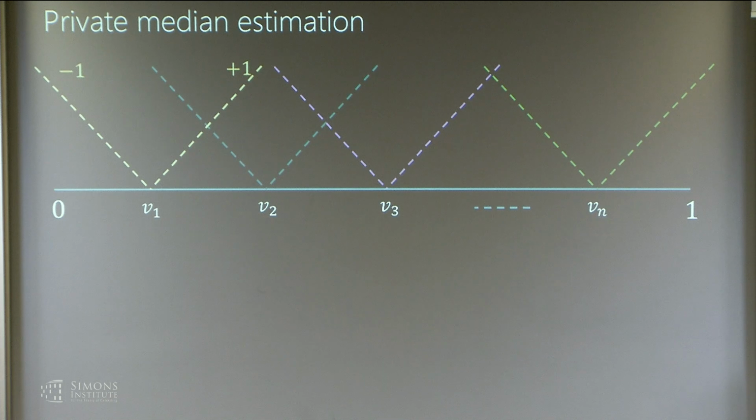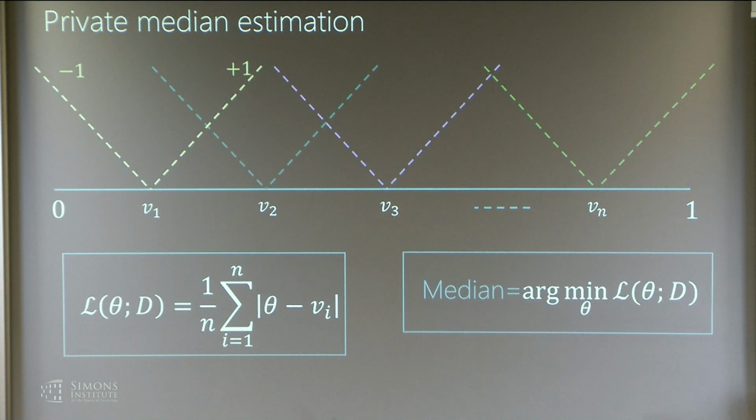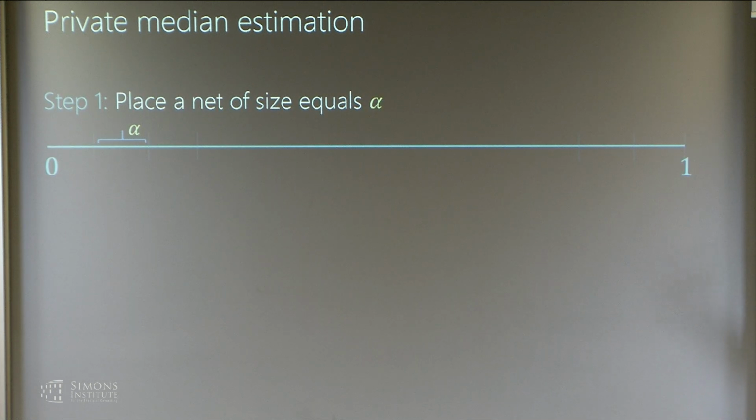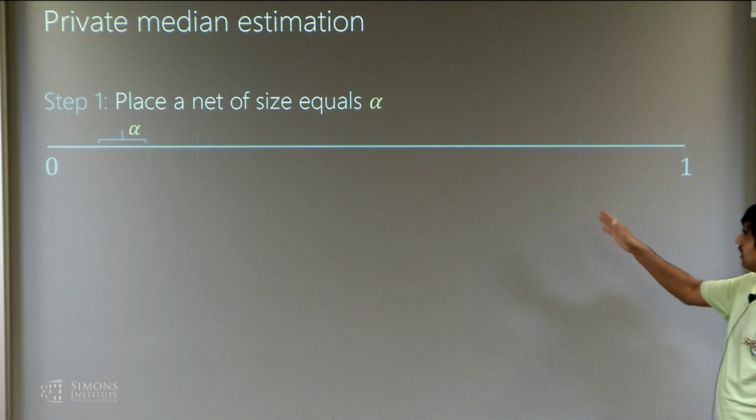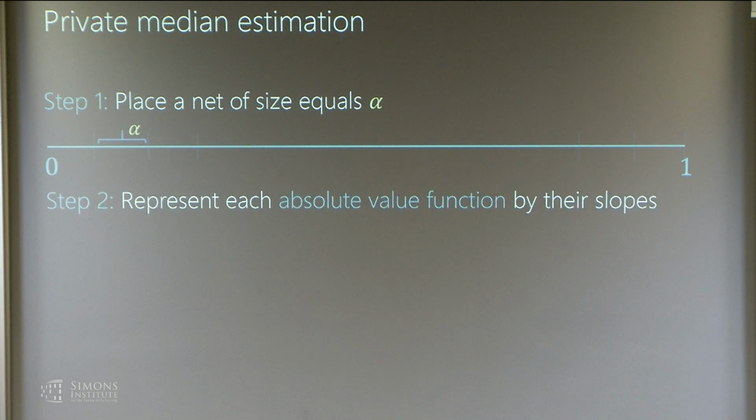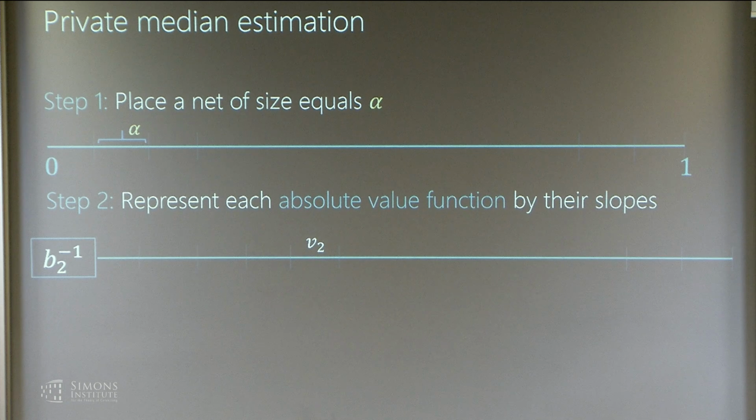Well, this is how the picture looks. Median is basically the minimizer of this loss function. So first, put an alpha net on the space. Then represent each of the absolute value functions with their slopes.